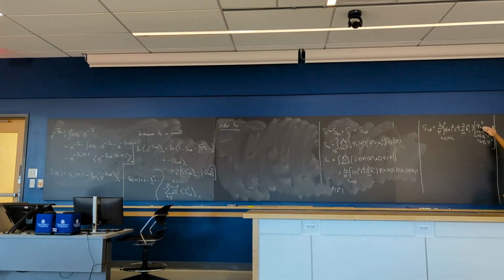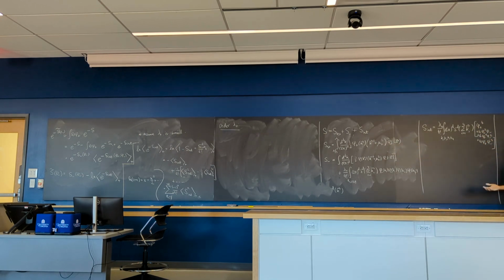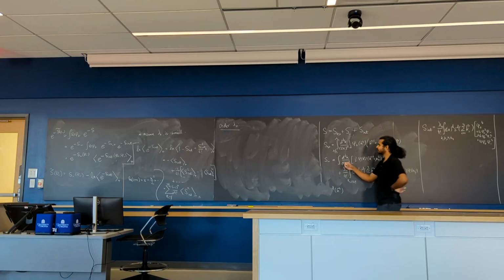S int has many terms. This term, for example, is just phi pluses. Under the d phi plus integral, this term will give me a number. It might seem like it could be an infinite number, but it's not, because phi plus only has this restricted region, nothing is going to infinity, and all integrals are finite.